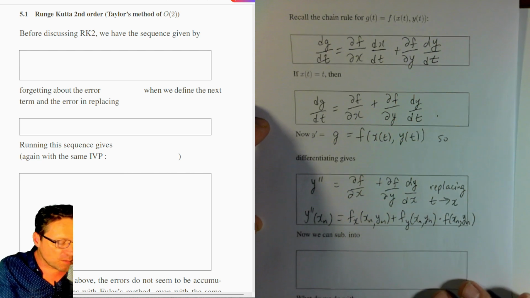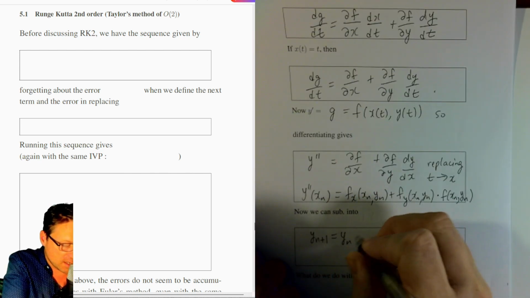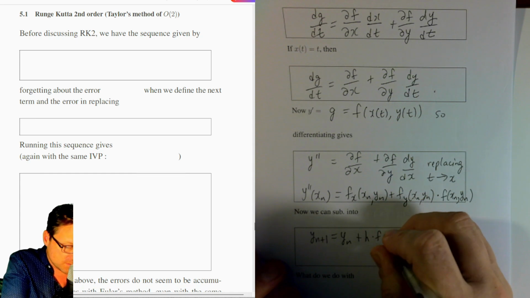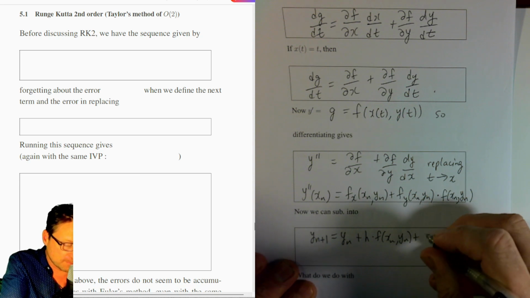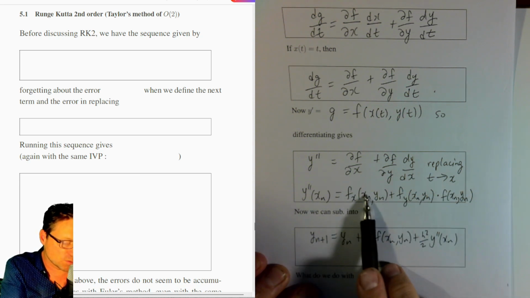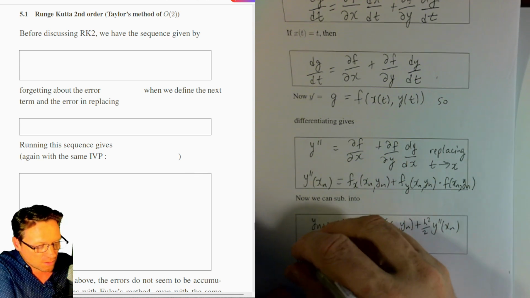Now we can sub into y_{n+1} equals y_n plus h times f(x_n, y_n), the second order Taylor expansion, replacing this with all of this right here. So let's do that.